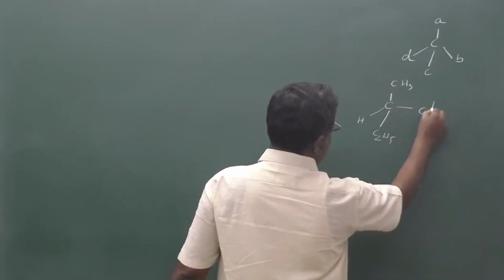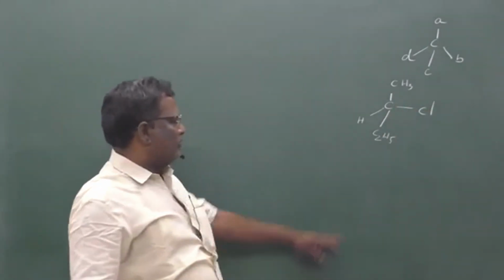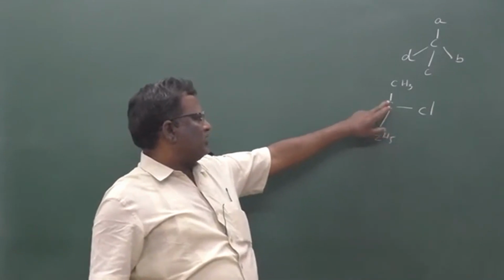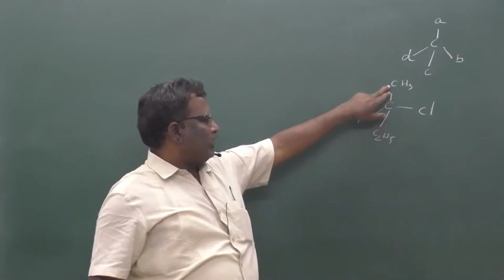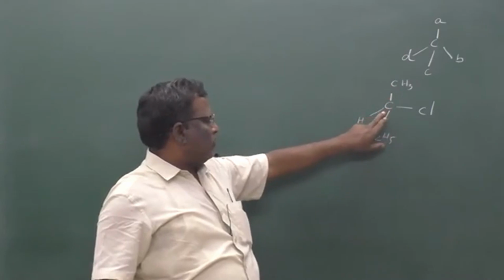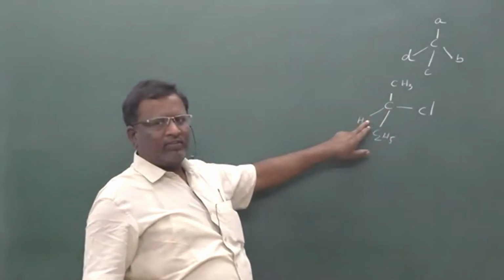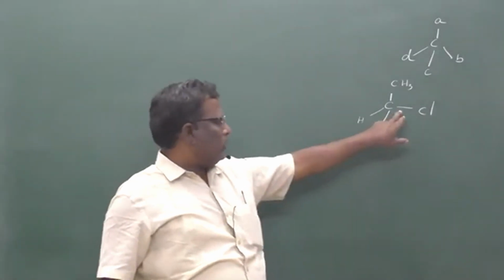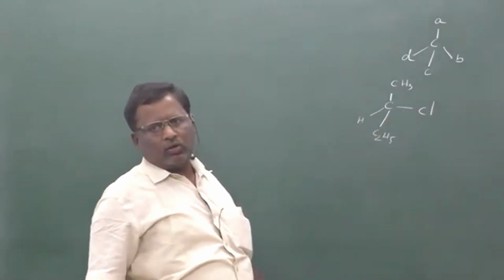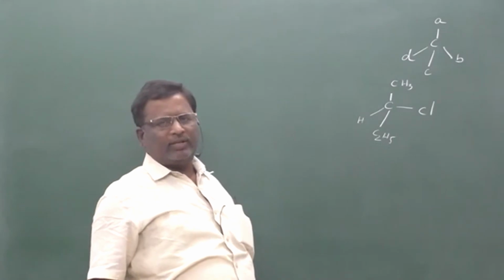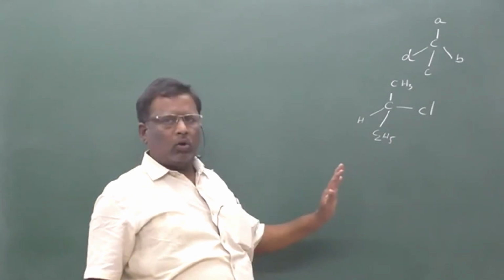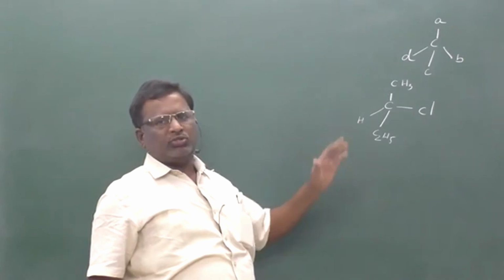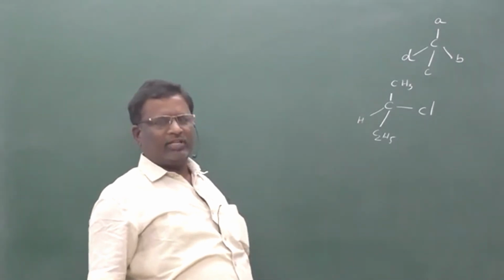This carbon is said to be asymmetric carbon because one valence is satisfied by a methyl group, another valence is satisfied with hydrogen, the third valence is satisfied by an ethyl group, and the fourth one is satisfied by chlorine. This carbon is said to be asymmetric carbon. Now it will show optical activity.